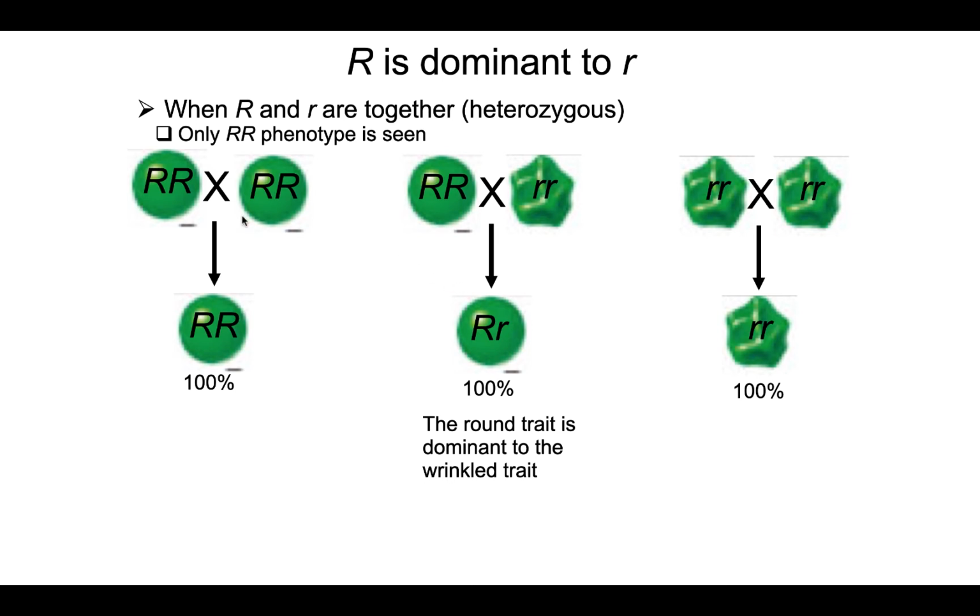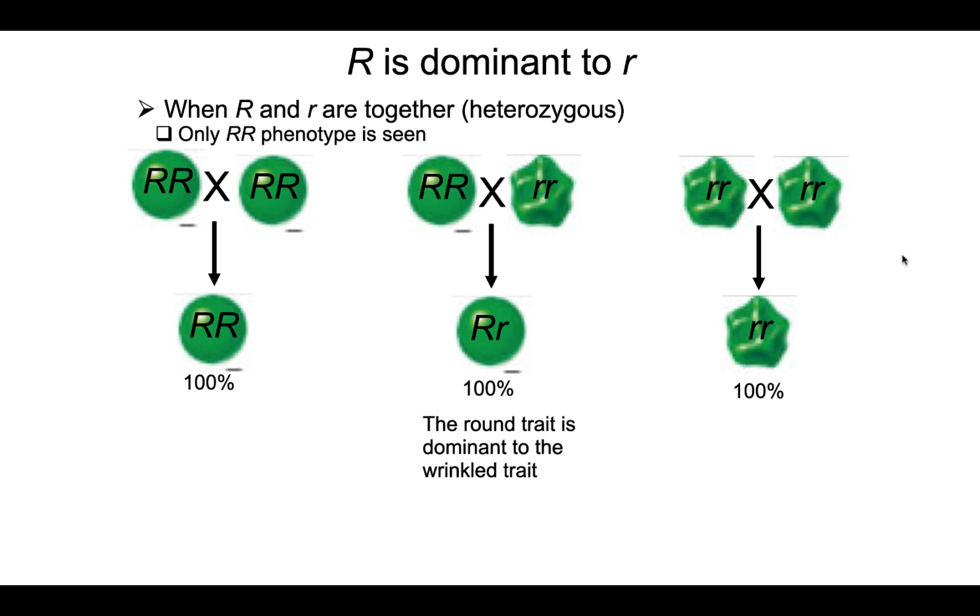What we do is we have a pure breeding strain of one of the alleles, in this case the big R allele, and that gives rise to the trait of round seeds. And we've got a pure breeding strain here. No matter how many times you take the offspring and cross them to themselves, you're always going to get round seeds.